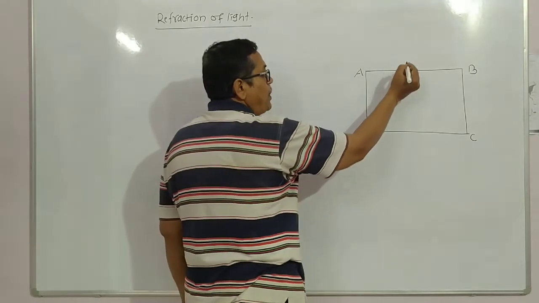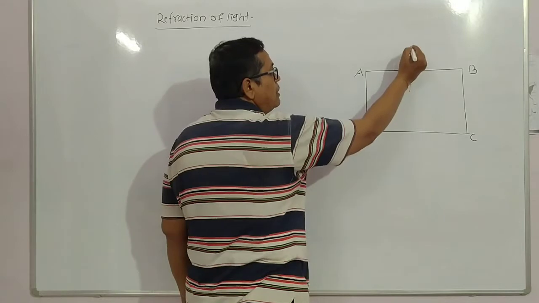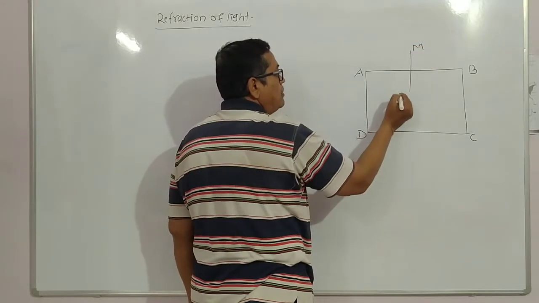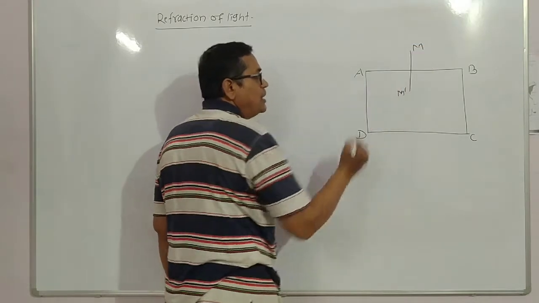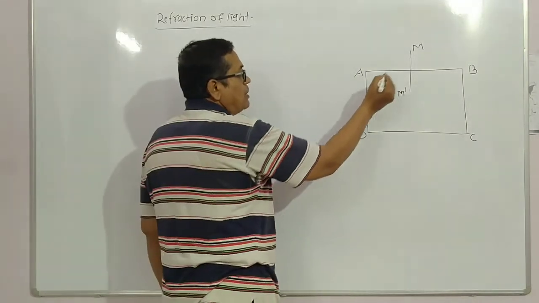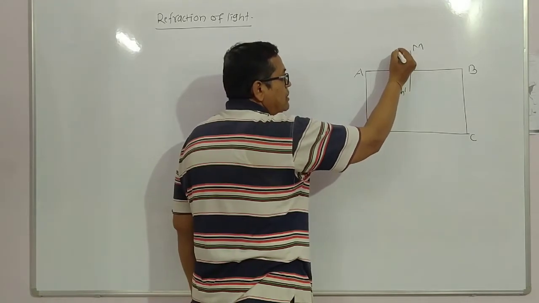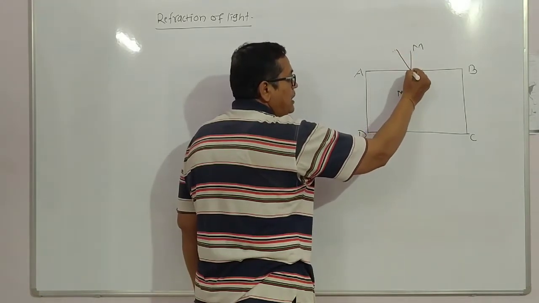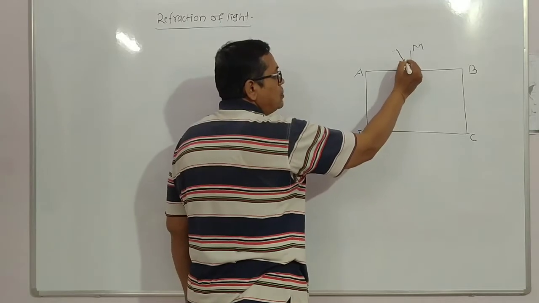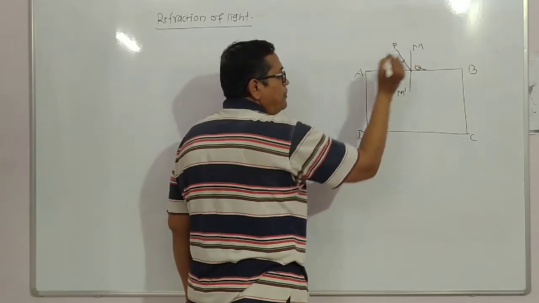With the help of a pencil we draw a normal on side AB, and that is called MM dash. Then we draw an oblique line at an angle of 30 degrees to this normal, and that is the ray PQ.